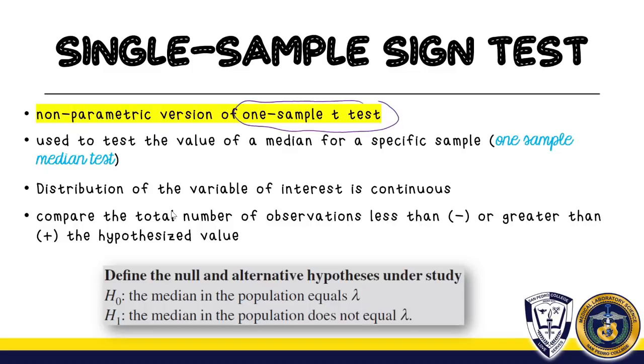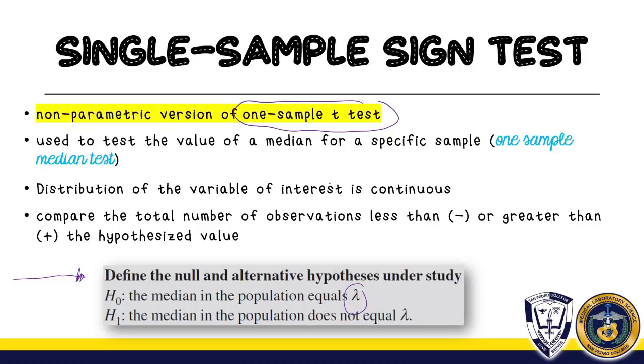Now, as you can see here, this is how we state our null and alternative hypotheses for the single sample sign test. For our null hypothesis, the median in the population is equal to the hypothesized median. That is the meaning of this symbol, the hypothesized median or hypothesized value, while your alternative hypothesis is that the median in the population is not equal to your hypothesized value.